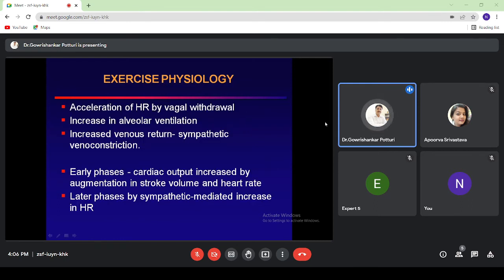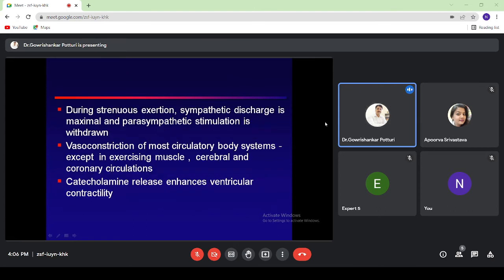Acceleration of heart rate by vagal withdrawal, increase in arterial alveolar ventilation, increased venous return, sympathetic vasoconstriction. In the early phases, cardiac output is increased by augmentation in the stroke volume and heart rate. In later phases, by sympathetic mediated increase in the heart rate. During strenuous exertion, that is exercise, sympathetic discharge is maximal and parasympathetic stimulation is withdrawn.